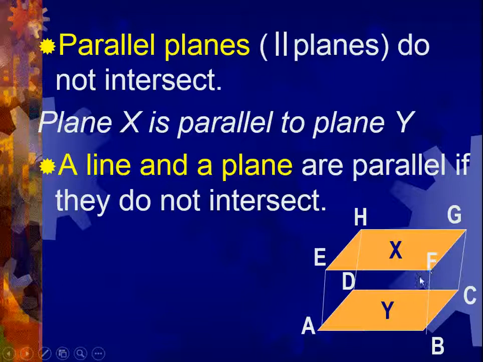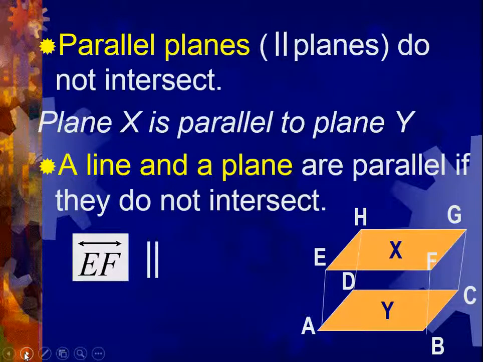It would be parallel to the entire plane Y. They would never intersect. Plane Y would extend on forever in all four directions, but it would never come up to meet line EF. So we would write it like this. Line EF is parallel to plane Y. So again, make sure you understand the notation. That way you don't have to write so many words.